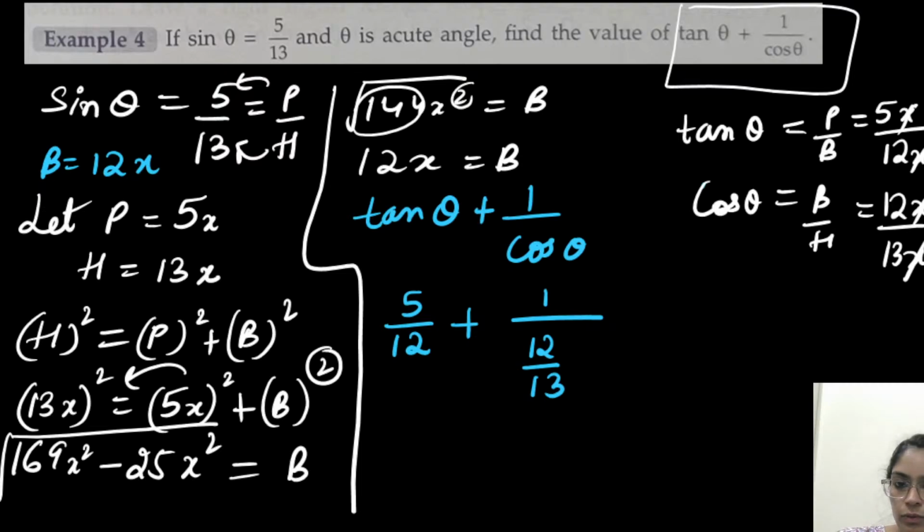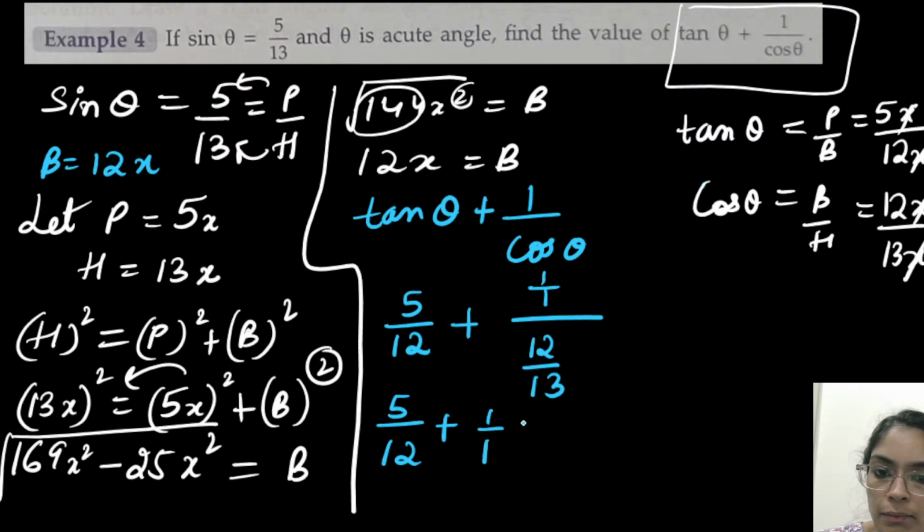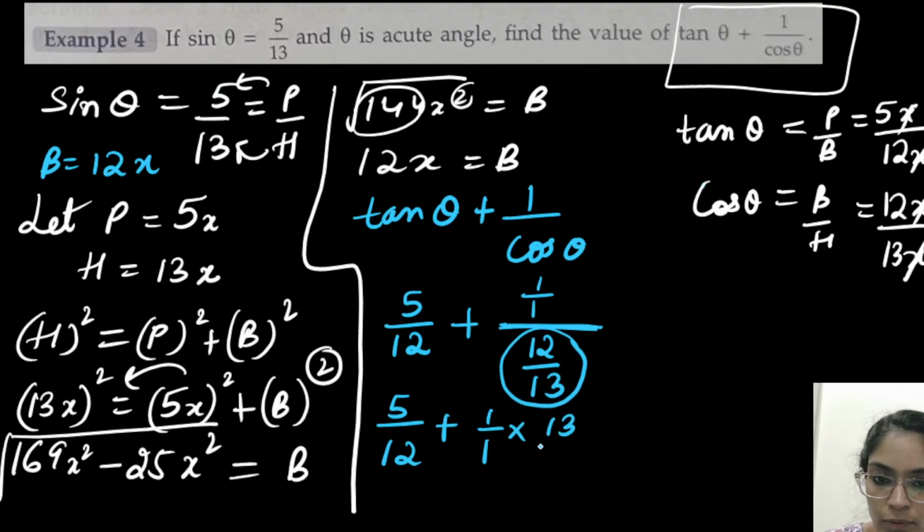Now, with two fractions being divided, we'll simplify this. 5 by 12 plus this 1 we can write as 1 by 1, because 1 means 1 by 1. First fraction as it is, this division sign we change into multiplication, and for the fraction at the denominator we write its reciprocal. So the reciprocal of 12 by 13 is 13 by 12.